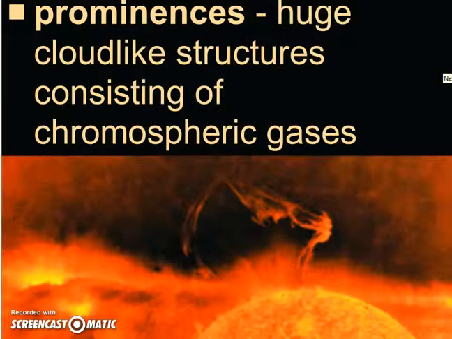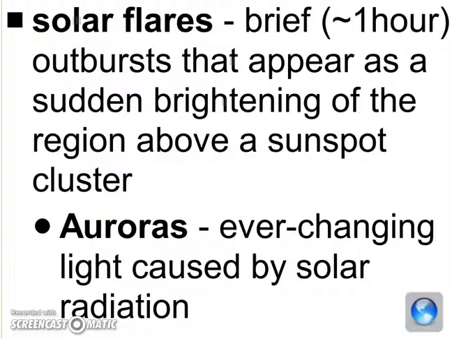Prominences. These are huge cloud-like structures. They consist of chromospheric gases. So that's all of this extra gas that you see here, kind of like our clouds, but this is in a very heated gas form. We also have solar flares. Solar flares are very brief. They're usually about an hour in length.